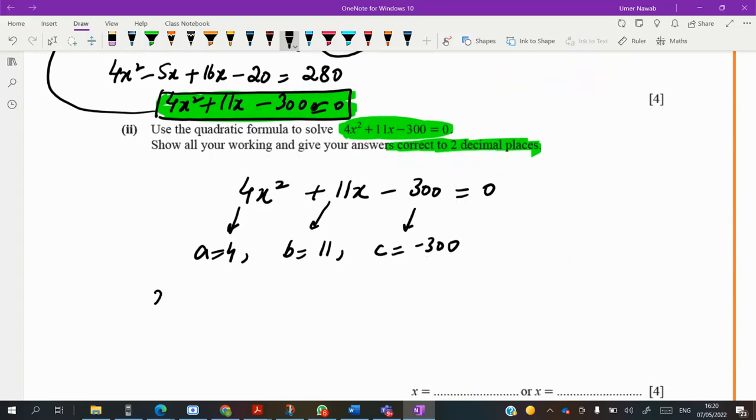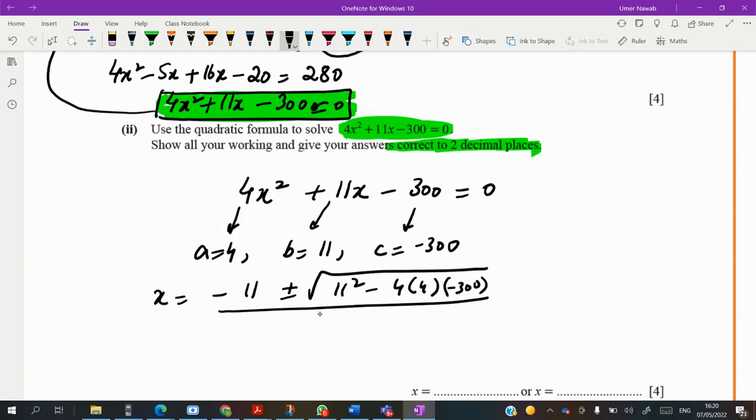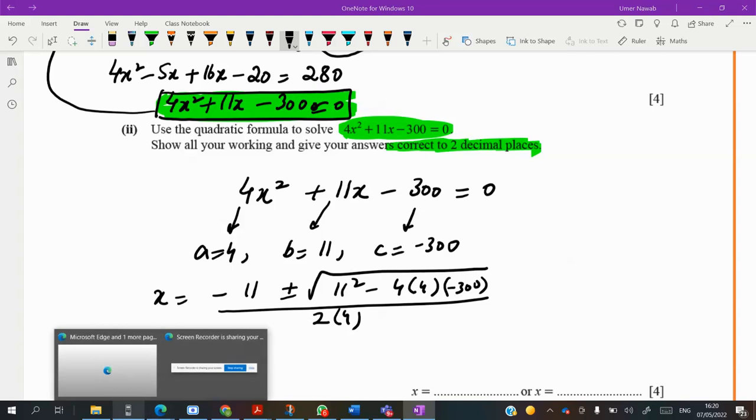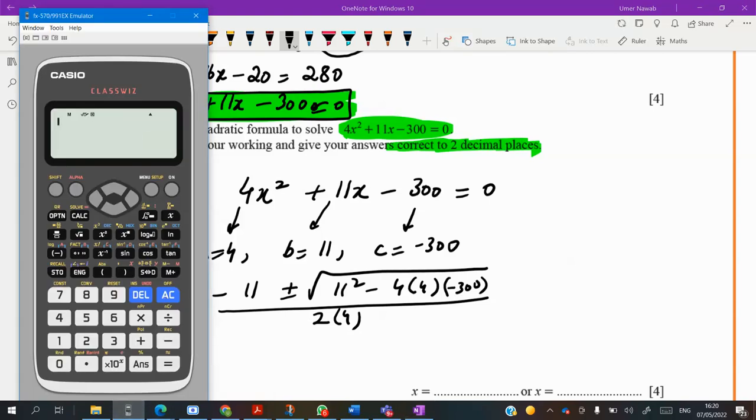The quadratic formula is x equals minus b plus or minus the square root of b squared minus 4ac, divided by 2a. Now when I use the quadratic formula, I can get the answers directly from the calculator.